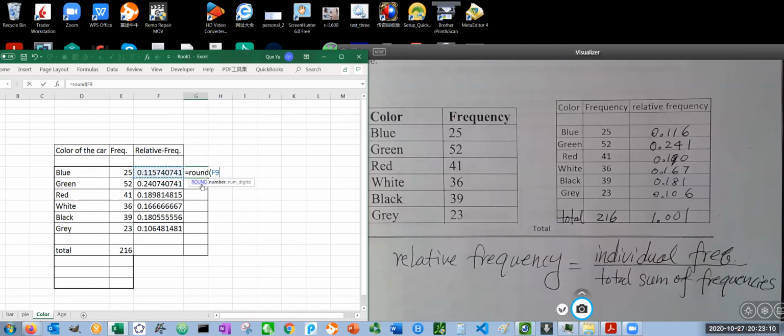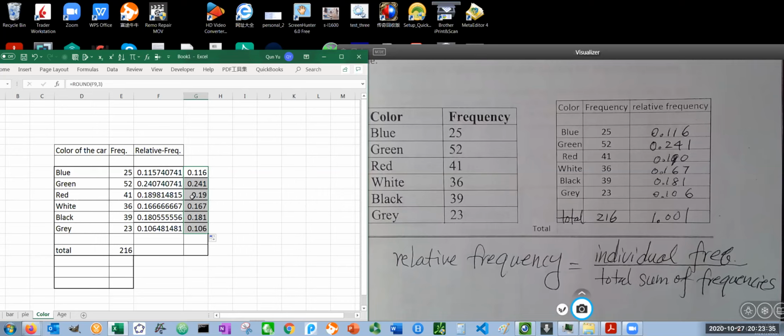Look at the prompt here. You need a number, which is this, comma, a number of digits. They ask you how many decimal digits you want. I want 3 this time. And close it. What do I get? 0.116. And you know that's correct. And what do we do next? Again, double click. I got all of this.